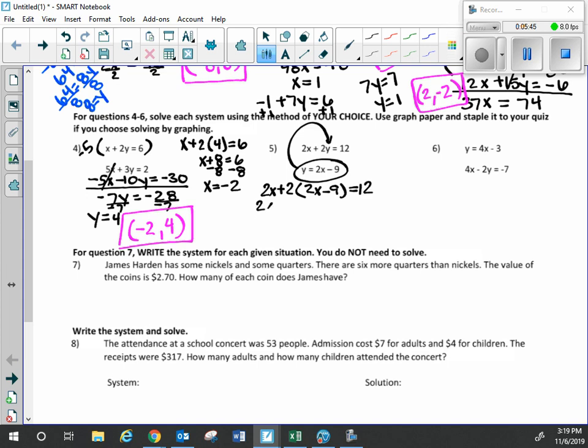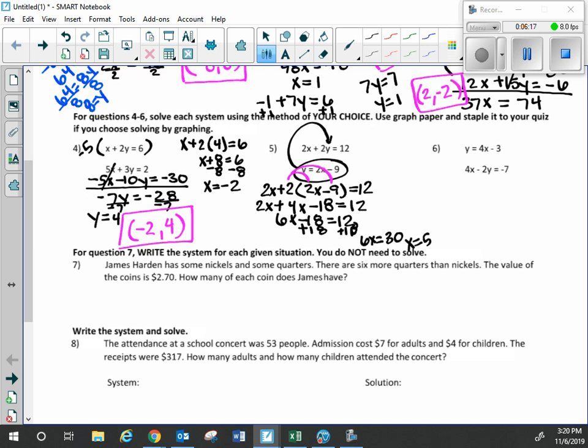So 2x plus distribute 4x minus 18 equals 12. So 6x minus 18 equals 12. Add 18. 6x equals 30. X equals 5.